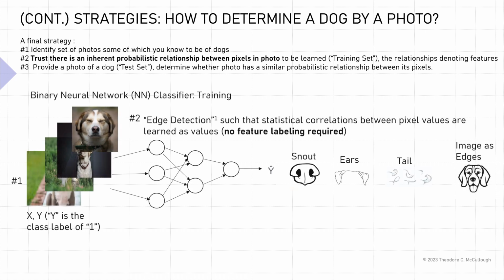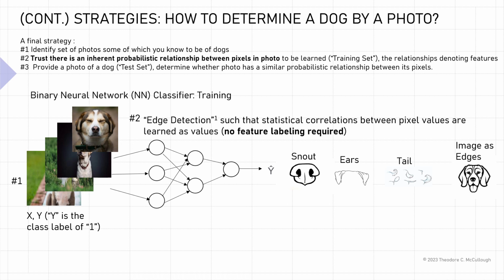So to unpack this a bit, this is how a binary neural network classifier works. And the way you train this is you pass in a set of photos that you label as 1. So you pass in basically an X value, which is the set of photos, and a Y value for each one of those photos set to 1, where 1 is indicative of the photo being that of a dog. And what the binary neural network classifier will do is engage in edge detection.